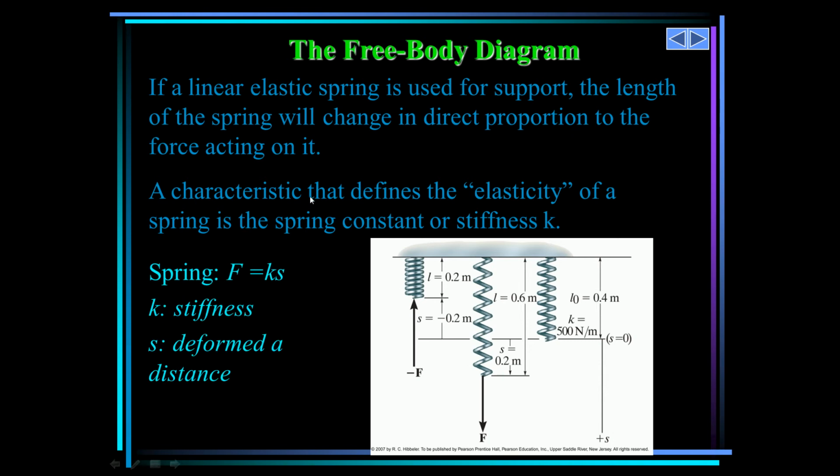A characteristic that defines the elasticity of a spring is the spring constant or stiffness k. Therefore, the spring formula can be written F equals ks, which follows Hooke's law, where k, s, and F are proportional. k is called the stiffness, or also the spring constant. s is the deformed distance.